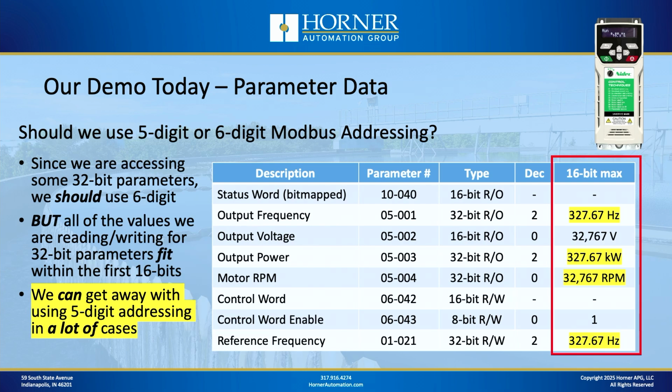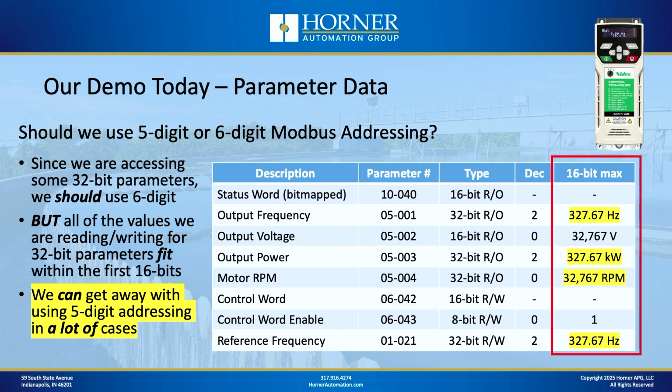Well, let's take a look at that last column. I've highlighted the parameters that are 32-bit parameters, and the largest value that you would get from those parameters if you just looked at the lower 16 bits. And when you do that, you'll see that, are we ever going to exceed 327 hertz? Probably not. Are we ever going to exceed 327 kilowatts?